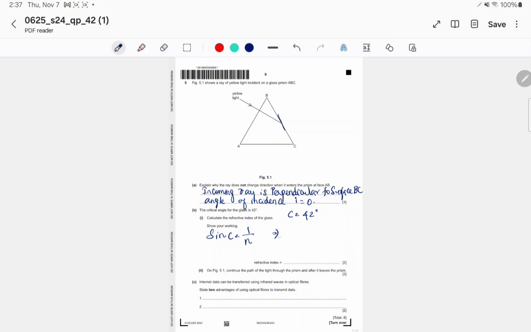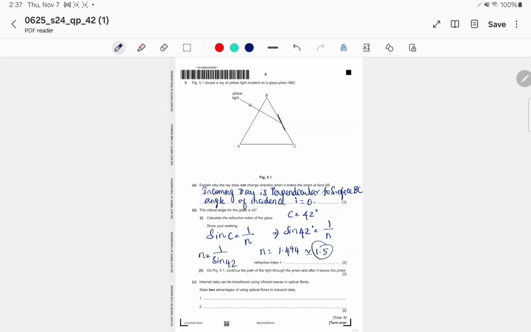Sine 42, directly substituted, equals 1 by n. So n is equal to 1 by sine 42, which is equal to 1.494 or 1.5.